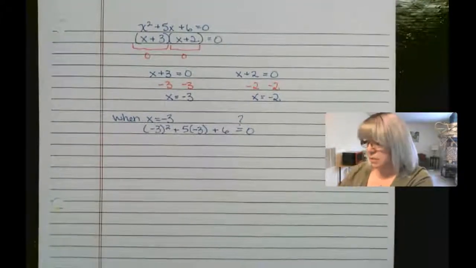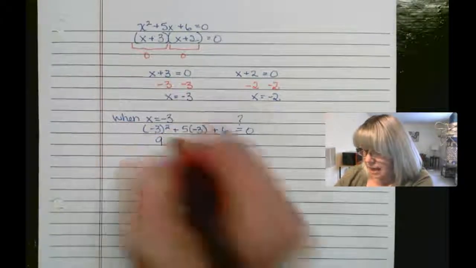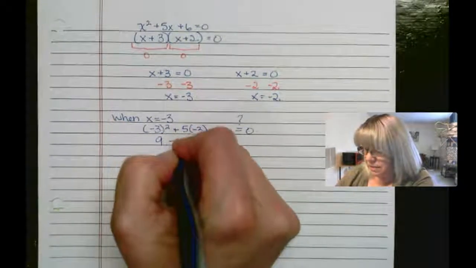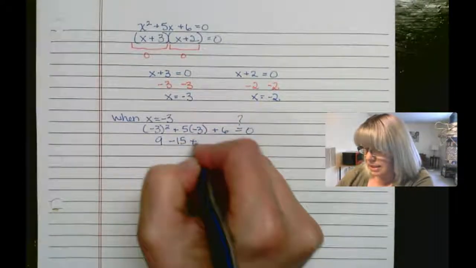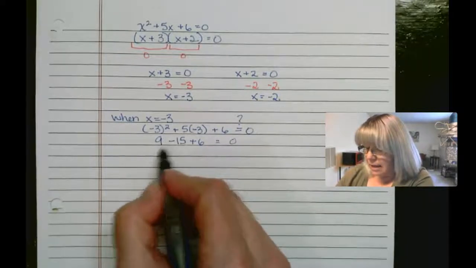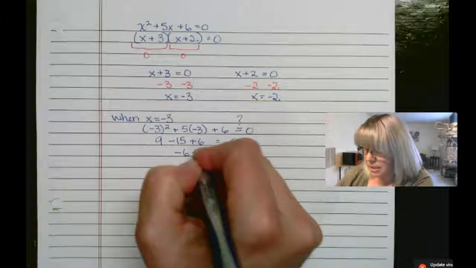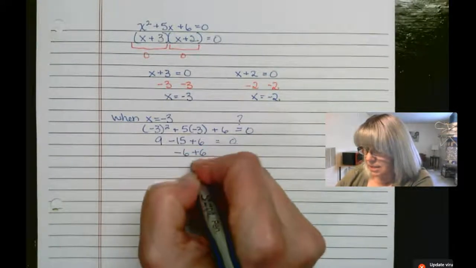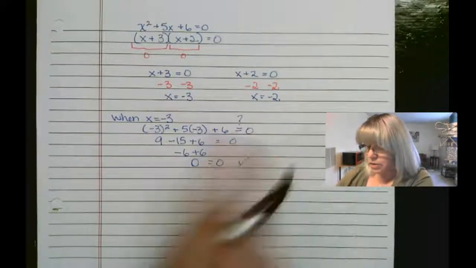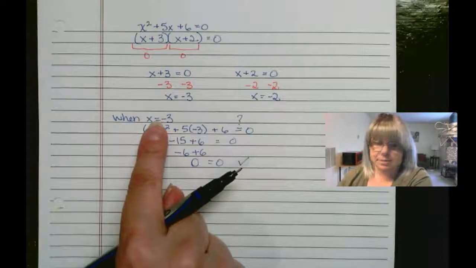Negative 3 squared is 9. 5 times negative 3 is negative 15 plus 6. Does that equal 0? 9 minus 15 is negative 6 plus 6. And negative 6 plus 6 is indeed 0, and 0 equals 0.